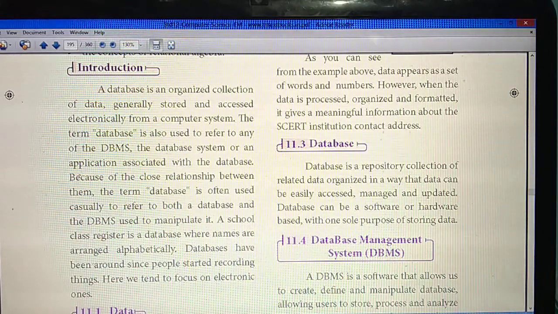Take your class, 12A. Totally 47 students are there. So the register will contain the details of 47 students of 12A. What details? Name, date of birth, phone number, address, caste, everything. All the details will be there in the register.